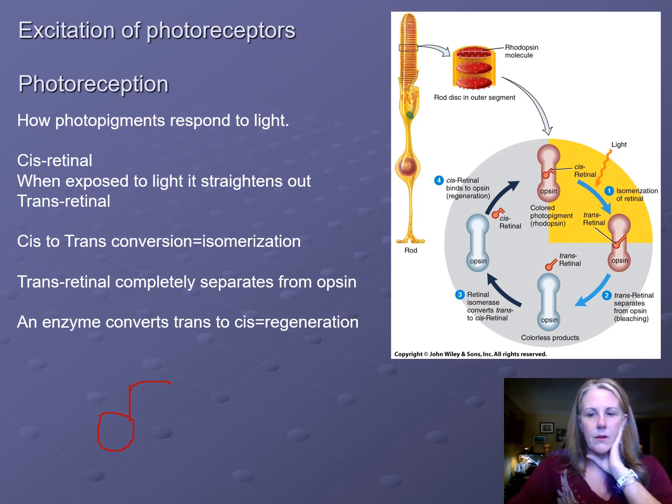Now, there in the dark, the retinol part forms a bent part of a molecule, if that makes any sense. The molecule actually is bent. That's why I drew it like this. And where I am is right up here. So you see me circling up here, and you see something that kind of looks like my picture.